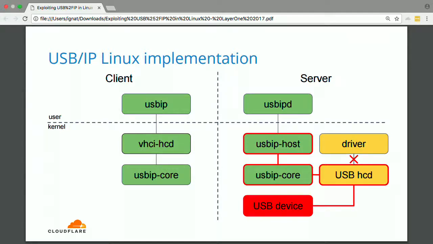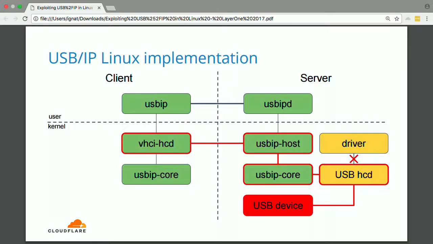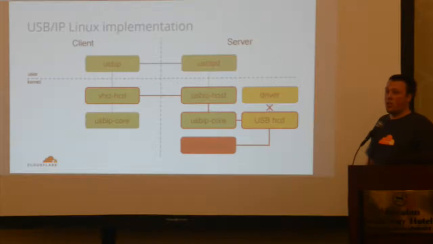Then at some point, a client comes in and sends a request to the server: hello, I want to import this USB device. The server establishes a logical connection to the client's virtual host controller driver and forwards the URBs over there.